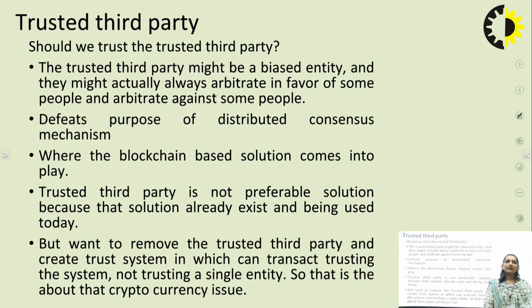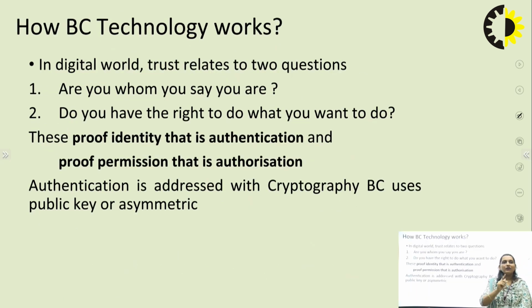Then the blockchain comes into the picture with distributed consensus, and we are using it as the solution here. In this, we have two questions. Are you who you say you are? That is authentication. If I say I am this person, blockchain gives the authentication of it, that is proof of identity.